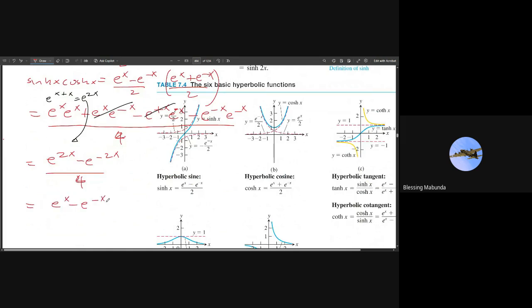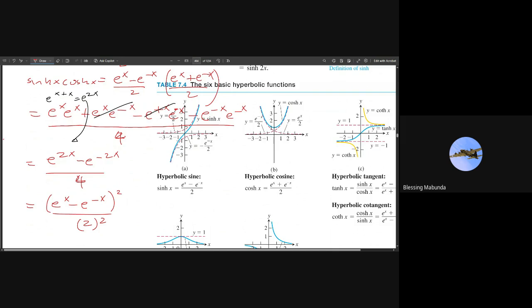So what you will notice is that we can say you have e to the x minus e to the minus x divided by 2. So you can say 2 squared here. And for this one there, we can square it.